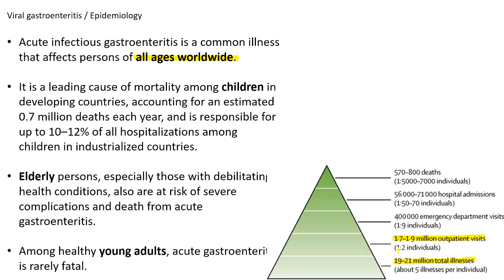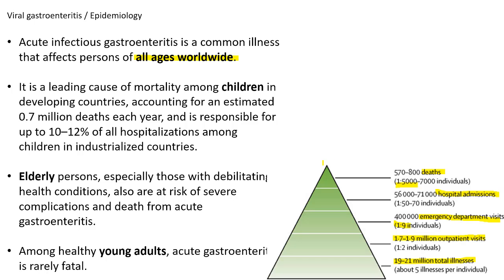So 1 out of 2 will go to the doctor as an outpatient. So it's not that it's serious, at least the patient thinks so. And then 1 out of 9 of those individuals, or 400,000, will go to the emergency department, and 1 out of 50 will need to be admitted to the hospital, and around 1 in 5,000 will die.